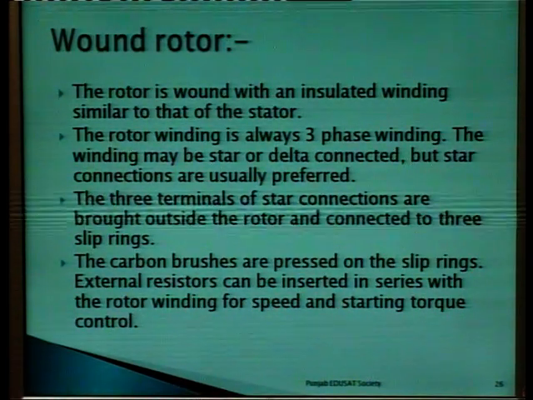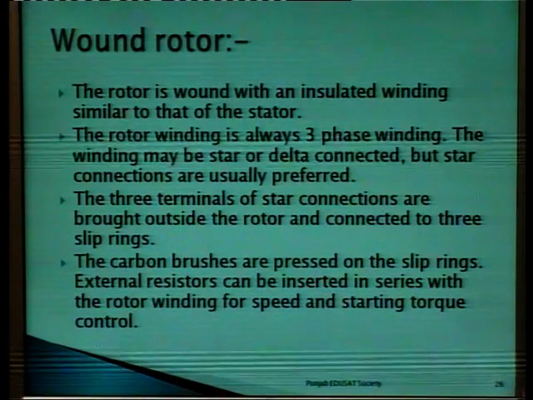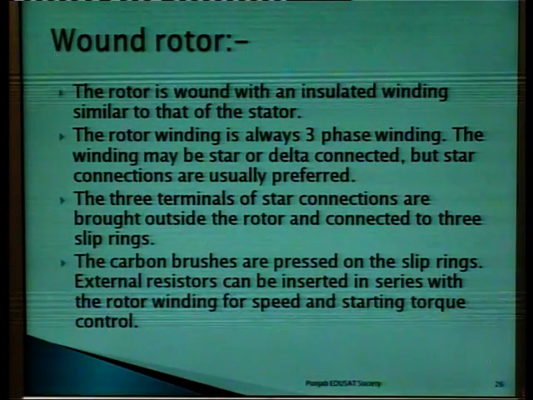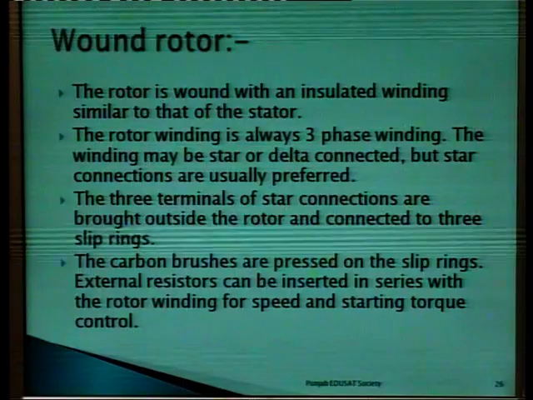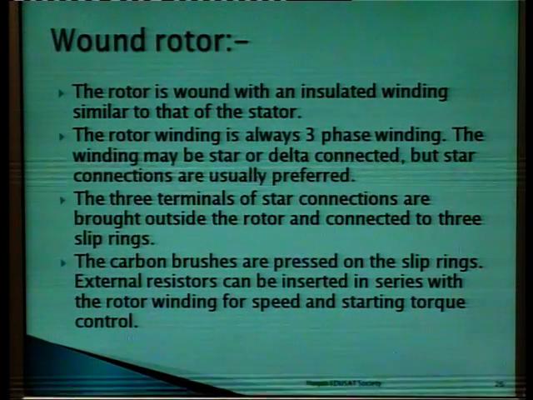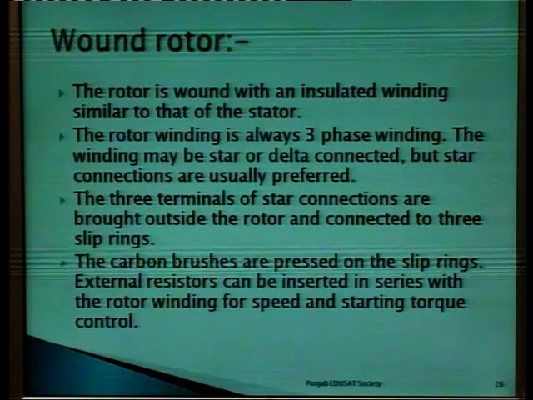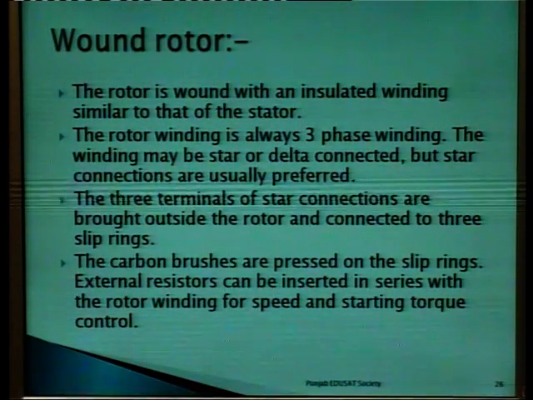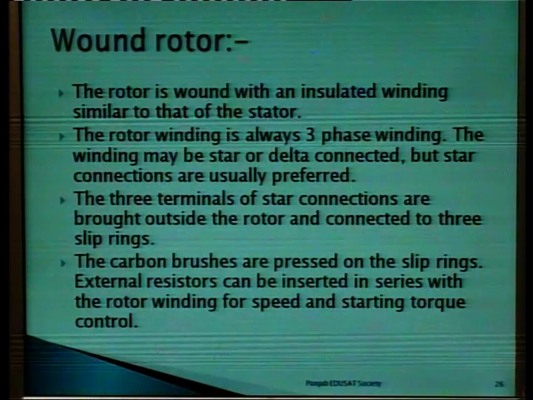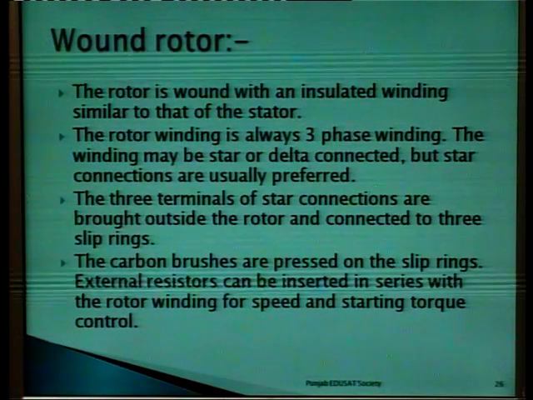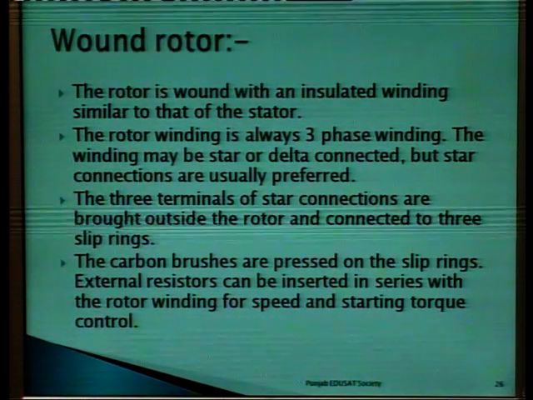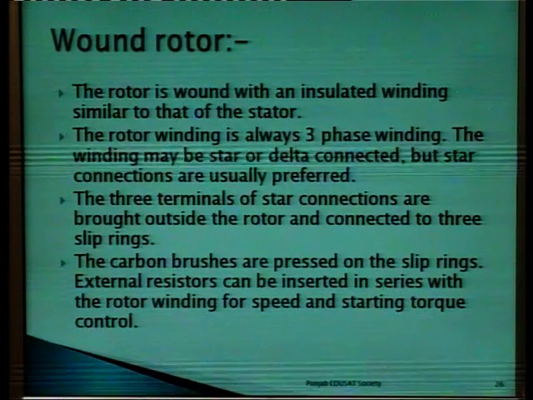The carbon brushes are pressed on the slip rings. External resistors can be inserted in series with the rotor winding for speed and starting torque control. In case of wound rotor, we can insert the external resistance for starting purposes as well as to control the speed of the motor in running conditions.